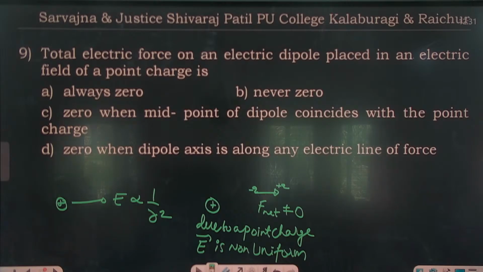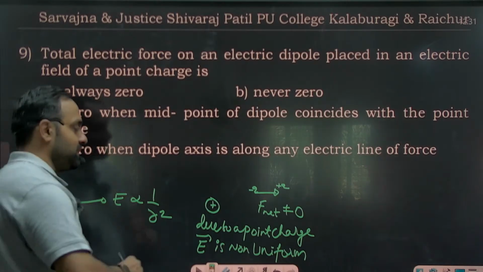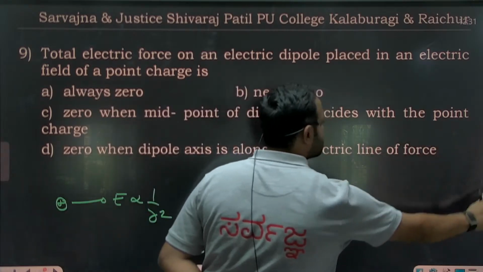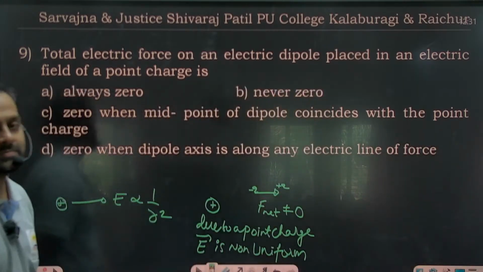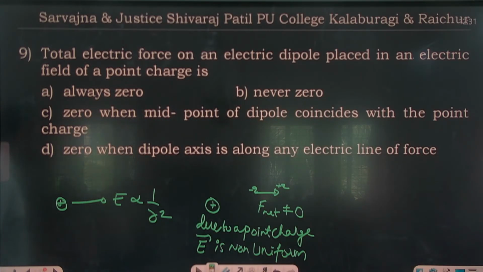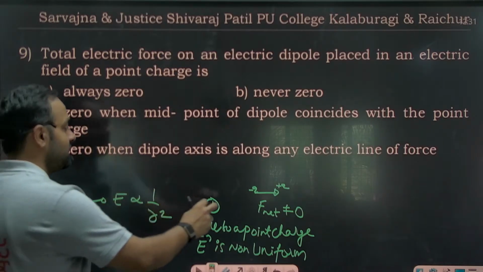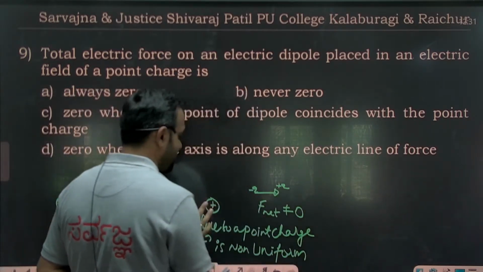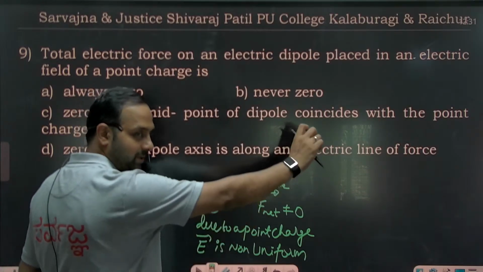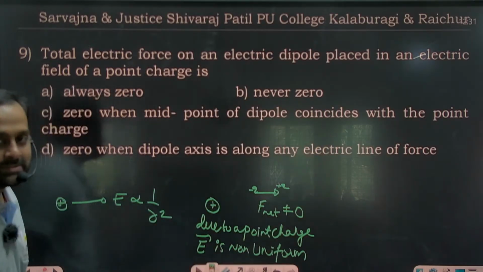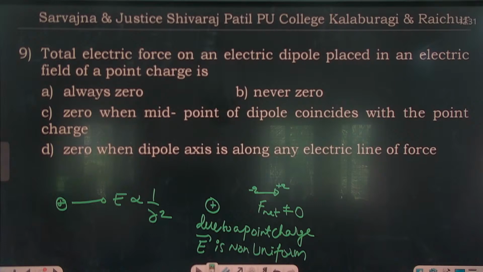Again, you can argue that if we keep this dipole far away from this positive charge, then the electric field is uniform and the net force is 0.